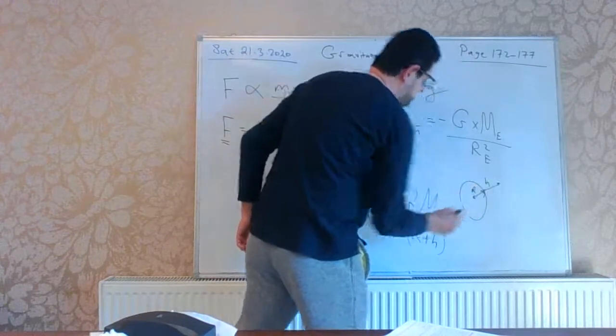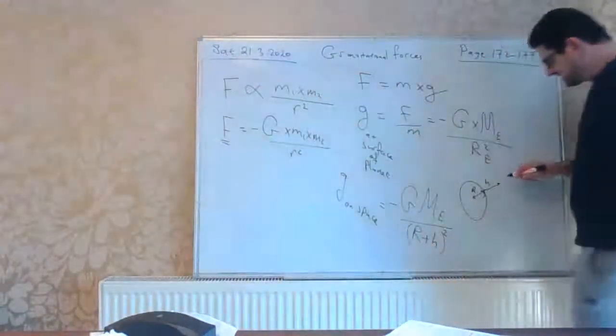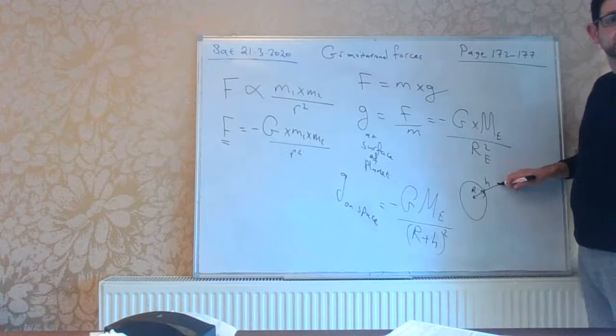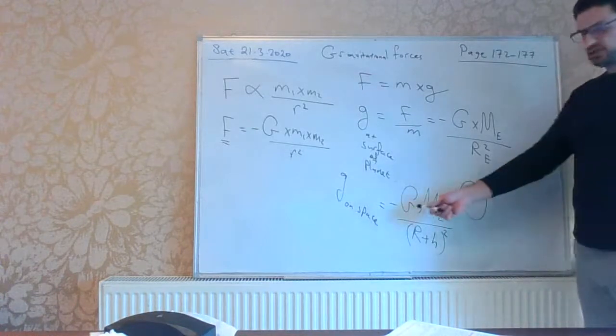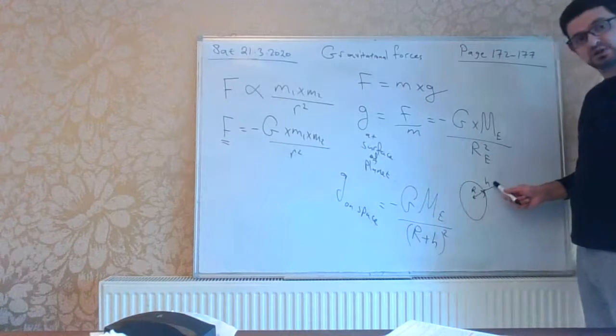So if you want to find the gravitational field strength at this point, you use this equation: G times the mass of the Earth over the radius of the Earth plus H.